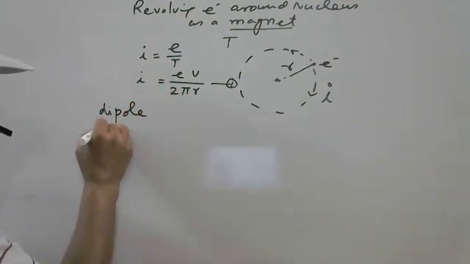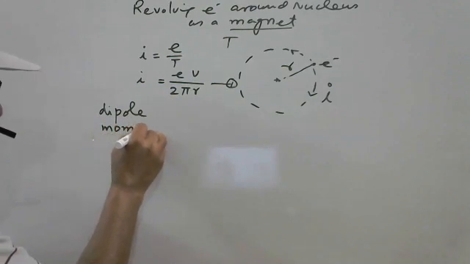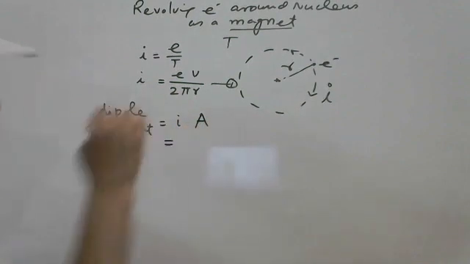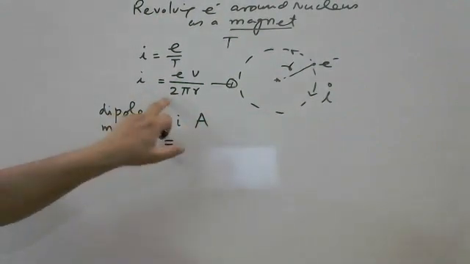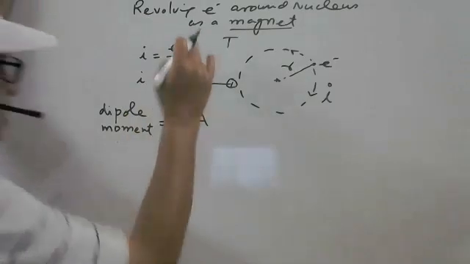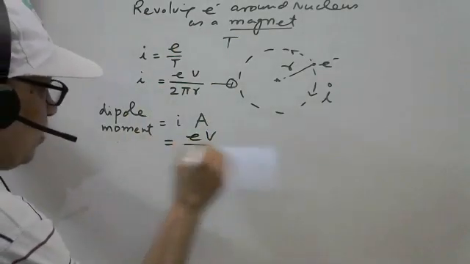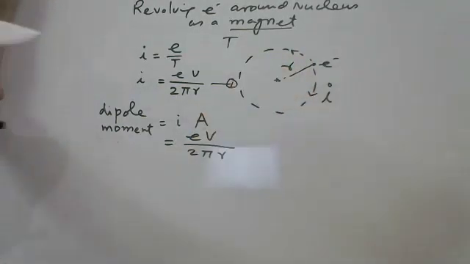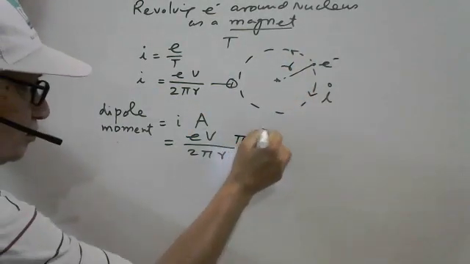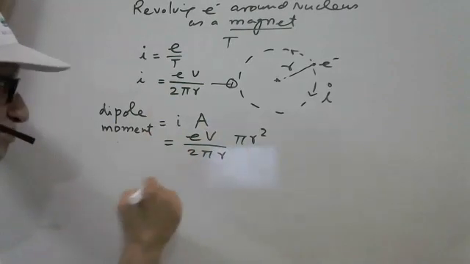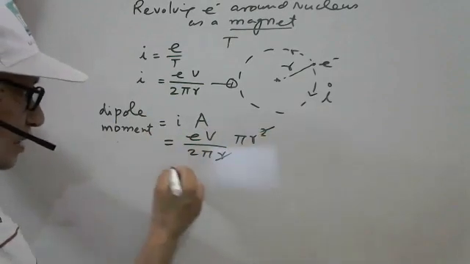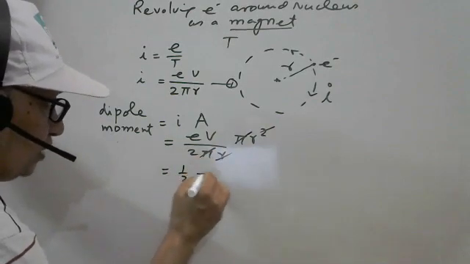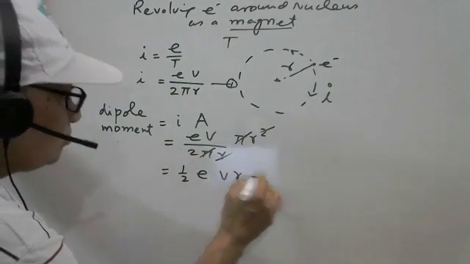Apparently, dipole moment is I A. Putting the value of current, I means e v upon 2 pi r, and A is the area, pi r square. r will be cancelled out, so here we can write one by two e v r.